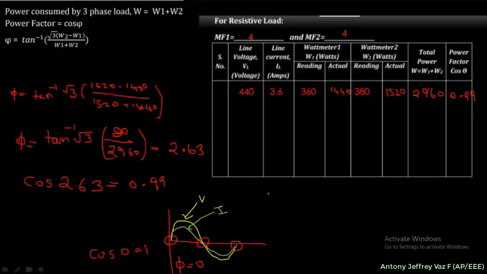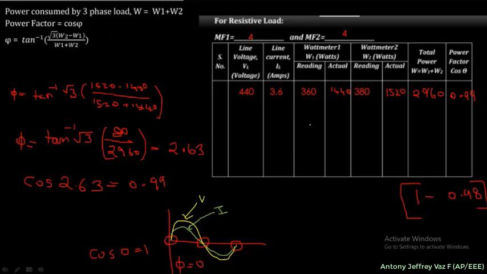Similarly, the values of power factor here should range from 1 to 0.99, or 0.98 is the minimum value you should have. This is for checking.